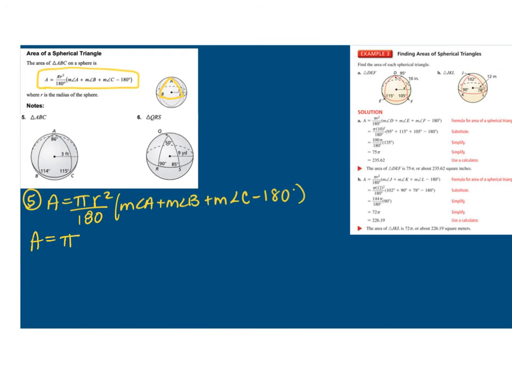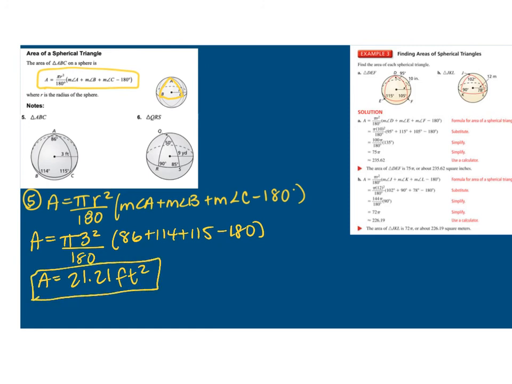Okay, so the radius is 3. A plus B plus C. And then you just go to the calculator with that. You'll get about 21.21 square feet.